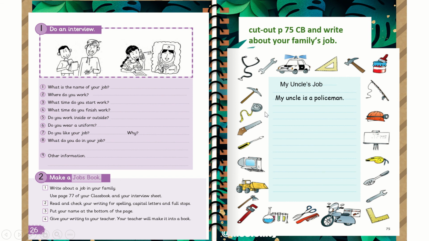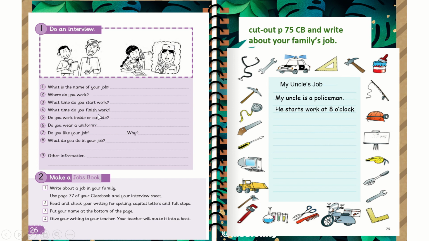What about you? You can write, my father is, for example, a fisherman, or my father is a pilot, or my father is a teacher. Okay? Now, I asked him, what time do you start work? He said, I start work at 8 o'clock. So I will write, he starts work at 8 o'clock.